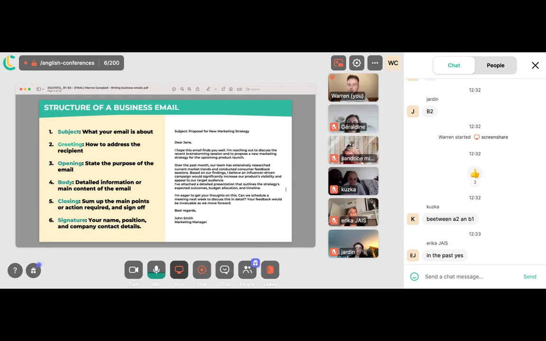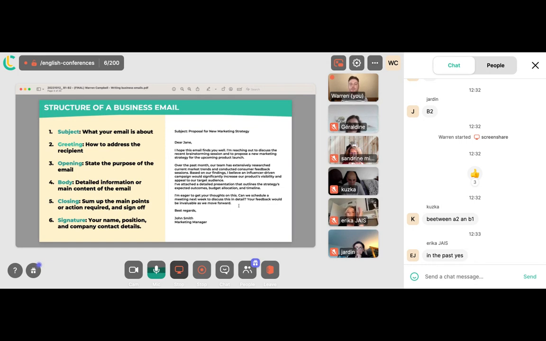Down here, we have our body, as we like to call it. Detailed information, or main content of the email. I'm not going to read everything here. You guys can quickly look through that. You're B1 level, I trust you. And down here, we have our closing as well.